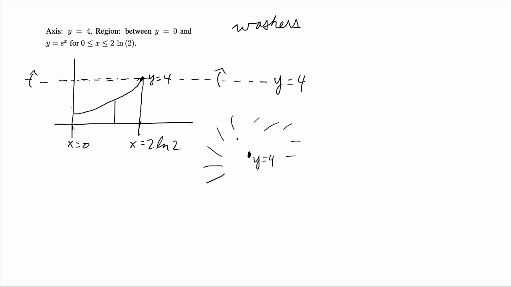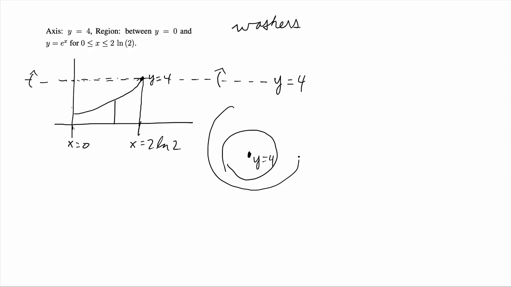As it moves around, it's going to trace out a region which looks like a washer. All right, so it's going to trace out a region that looks like a washer, that line, as it rotates around. And so that's what we're going to use for the washer method.